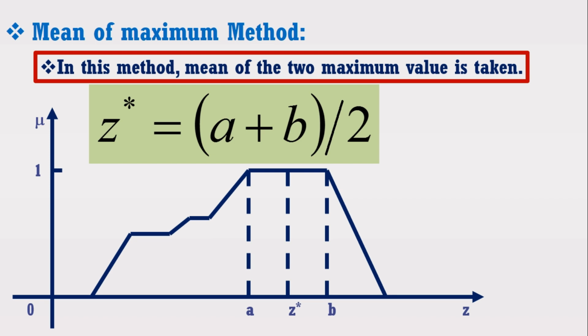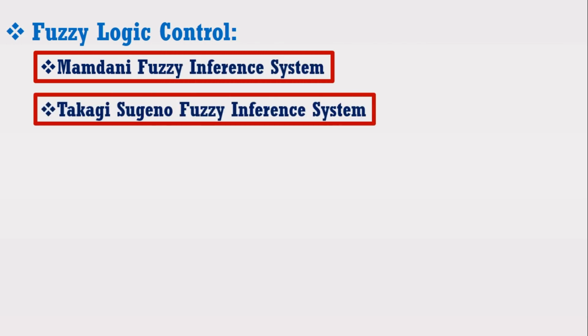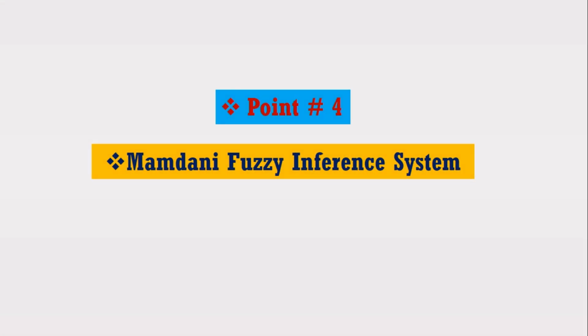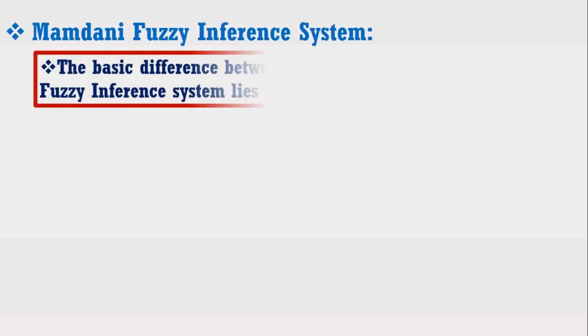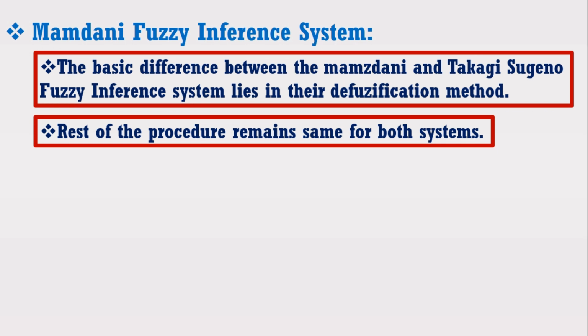Friends, fuzzy logic controller has basically 2 main types, namely Mamdani fuzzy inference system and Takagi Sugeno fuzzy inference system. Now I am going to discuss the Mamdani fuzzy inference system. Friends, the basic difference between Mamdani and Takagi Sugeno fuzzy inference system lies in their defuzzification method. The rest of the procedure and steps are the same for both systems.